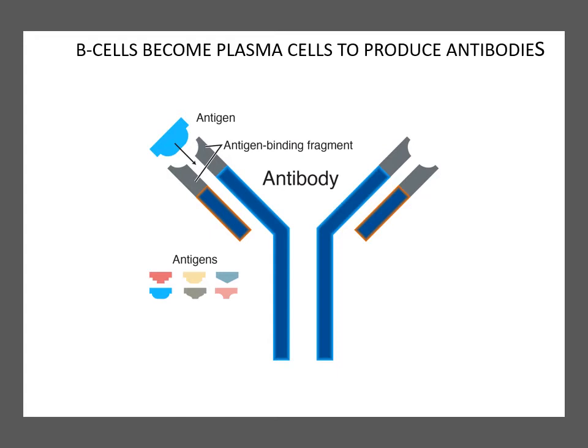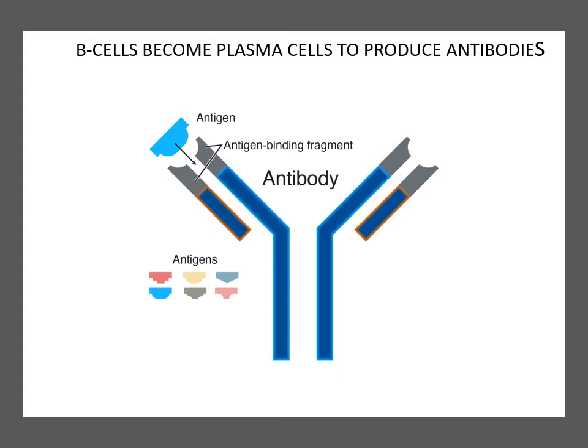When we look at an antibody, which is released by the B cell and then circulates throughout your bloodstream, it is looking for a specific antigen to attach to. So if you look on the left arm of the antibody, that antigen might be part of a bacteria, or it might be part of a virus.